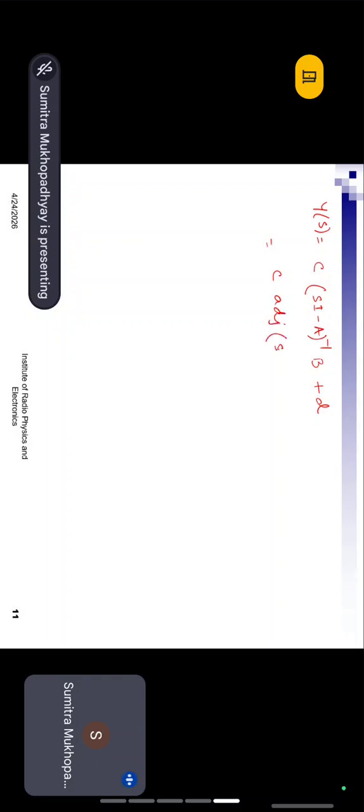Then you calculate the adjoint of sI minus A divided by the determinant, that is the characteristic polynomial, plus D. So you need everything, A, B, C, D, then you can find out the transfer function.